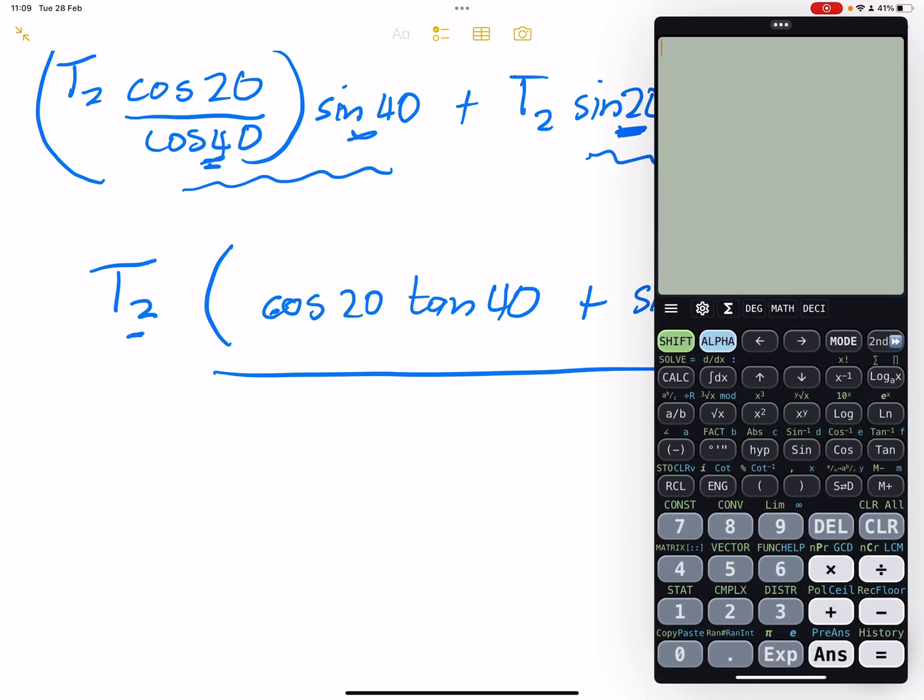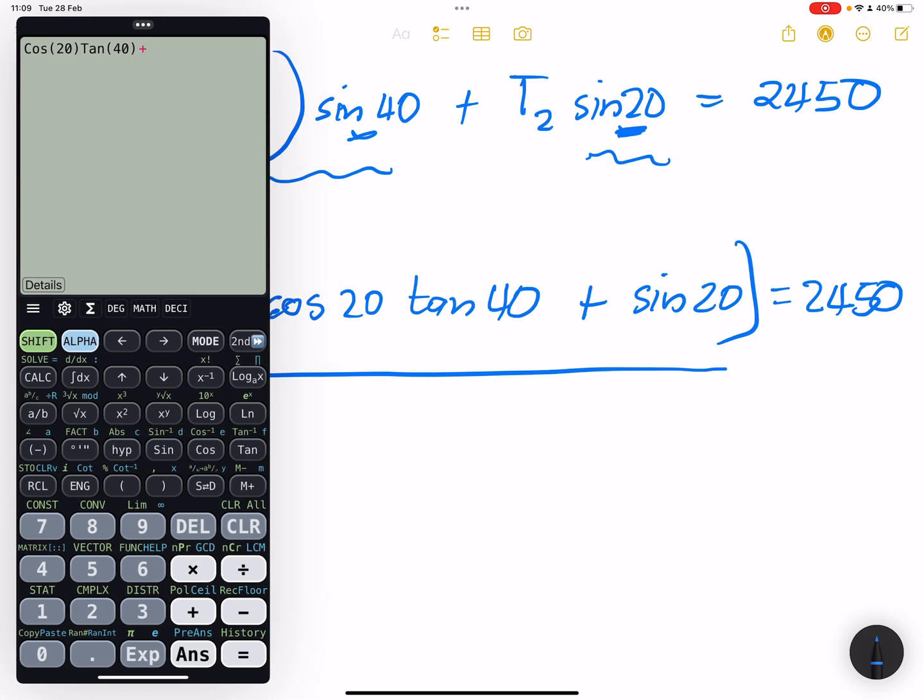So we've got cos 20 tan 40. You can do this however you like. If you still wanted to have sine over cos, that's still fine. Plus, in this case, sine of 20. That gives me 1.13.